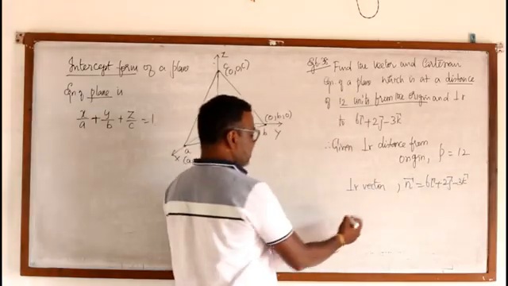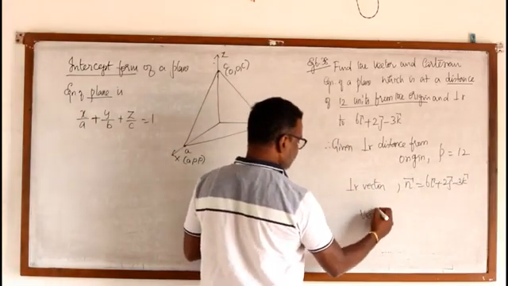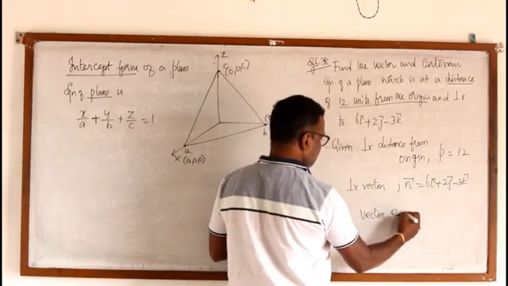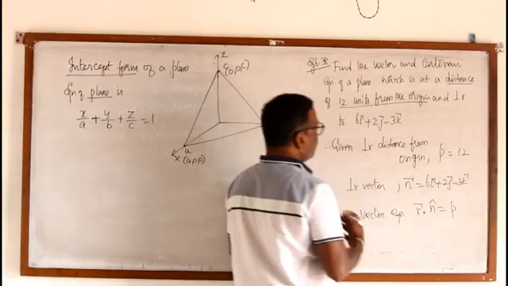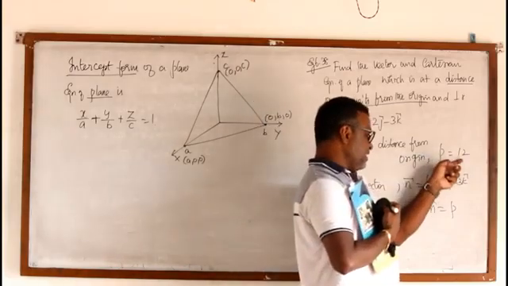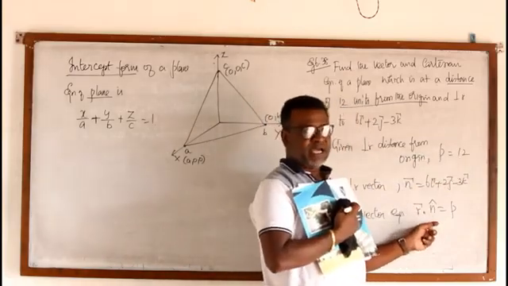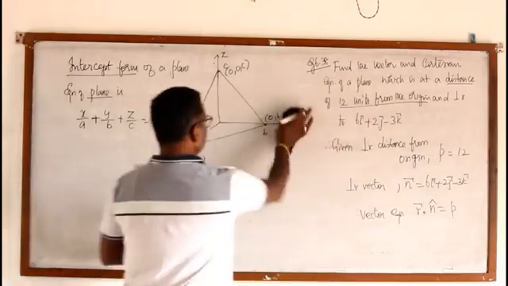Then the vector equation is r vector dot n cap equal to p. If I know the perpendicular distance, then I must use this formula, r dot n cap equal to p.